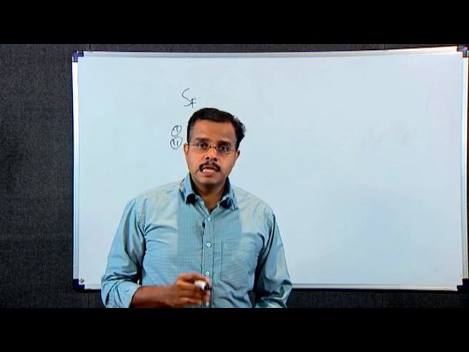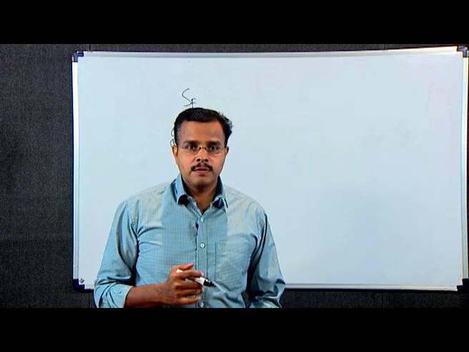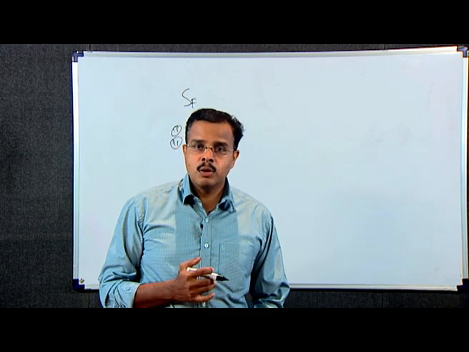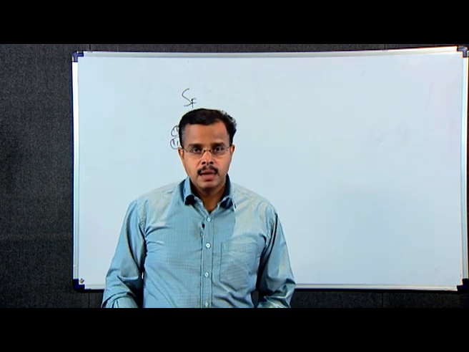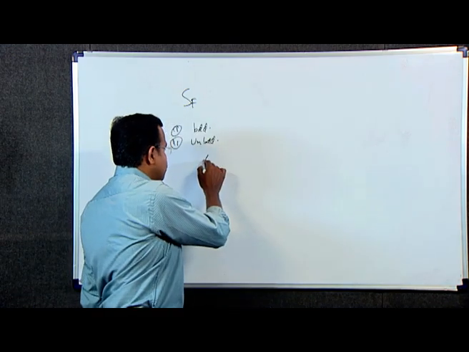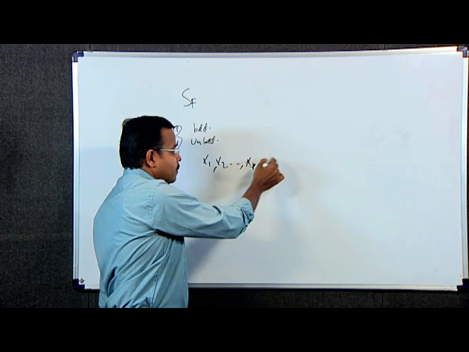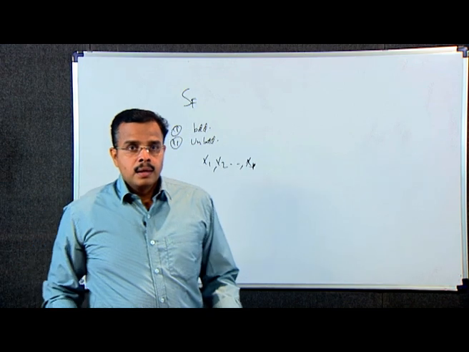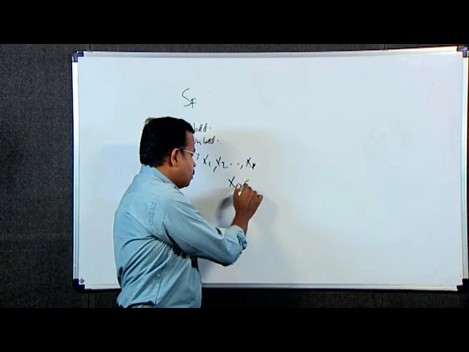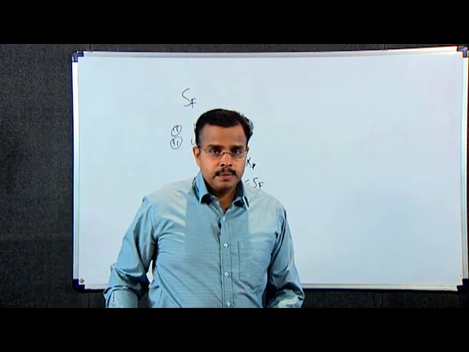Since SF is bounded, SF has vertices and every point of SF is a convex linear combination of its vertices. Let x1, x2, etc., xp be the vertices of SF. There is a point x0 belonging to SF where f of x is minimum.